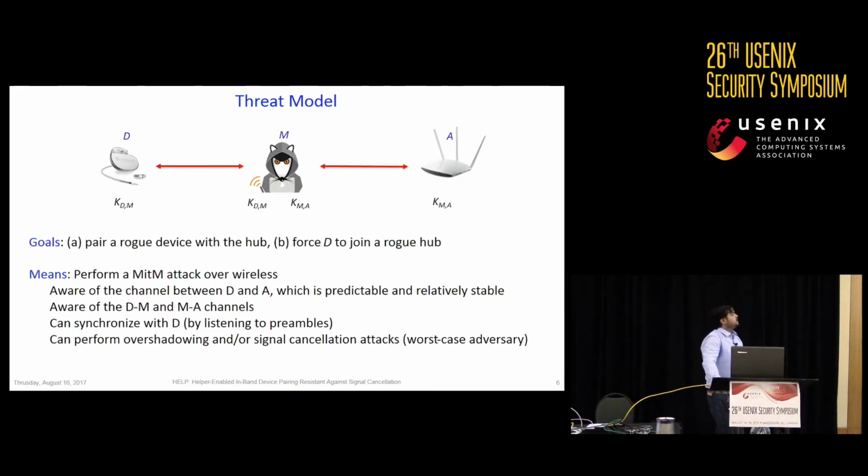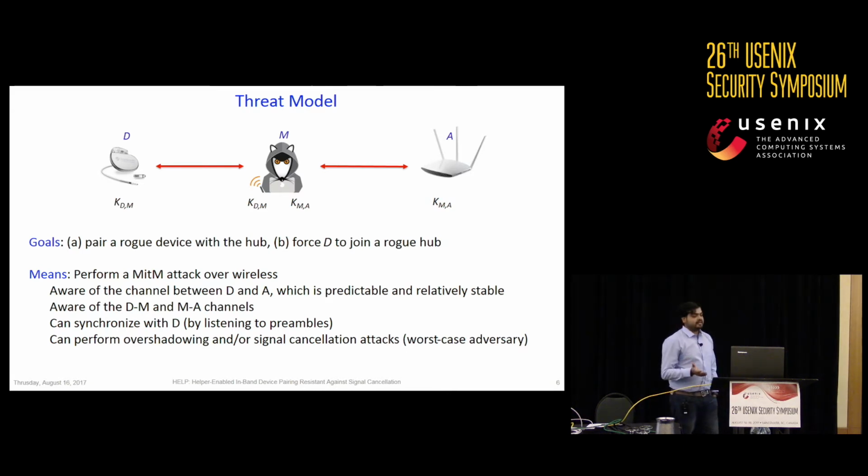The threat model we use for our work is that the adversary is trying to pair as a rogue device to the hub, or it is trying to pair with the device and asking it to join, acting as a rogue hub. The adversary can perform this by doing a man-in-the-middle attack over wireless.